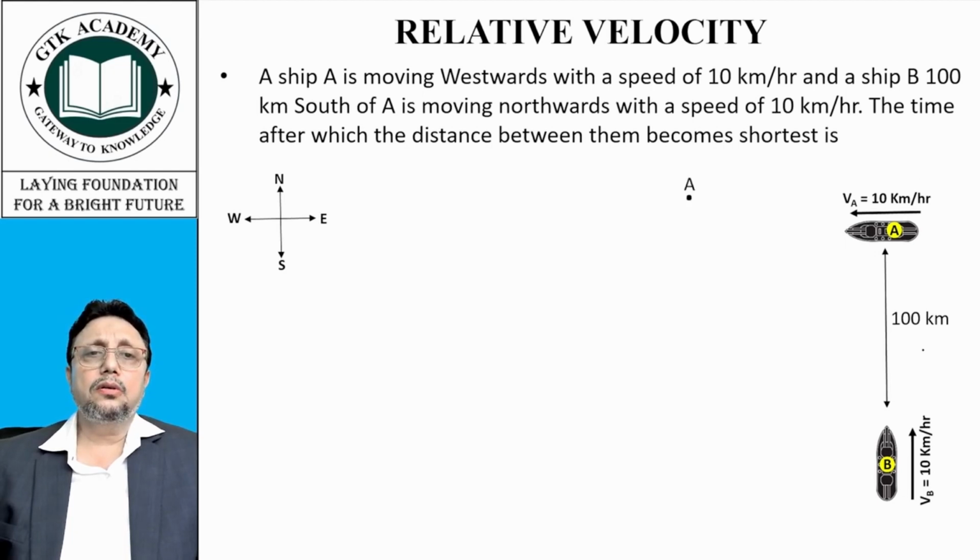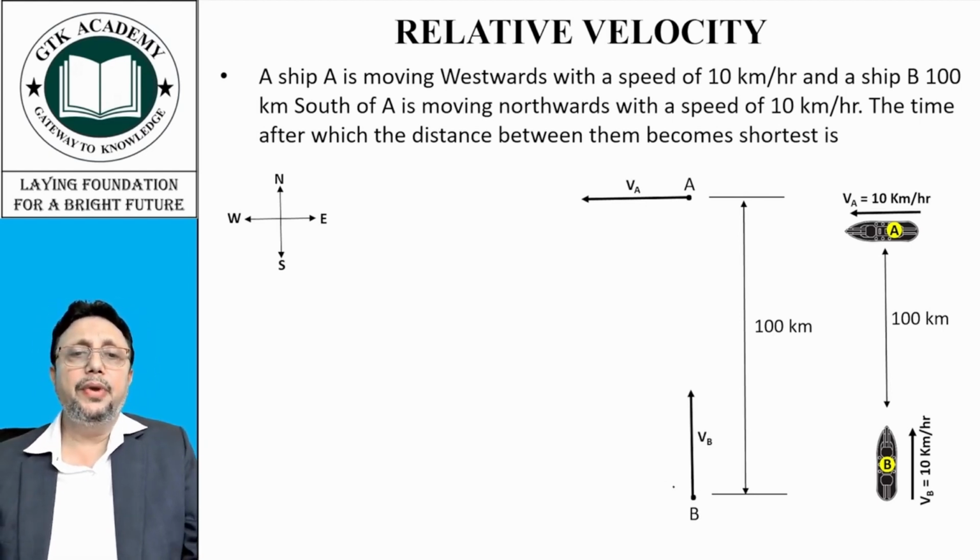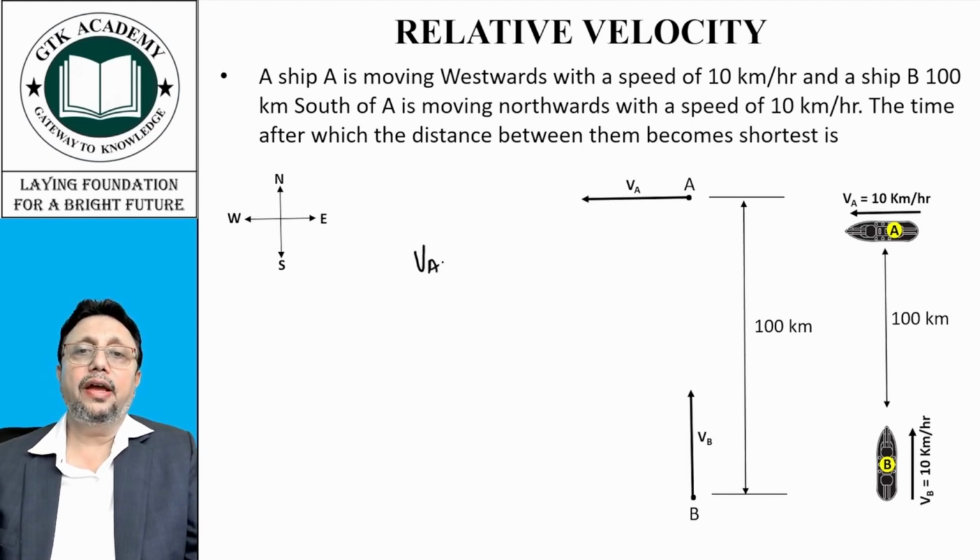So we'll make it a bigger figure so that it doesn't become cluttered. This is A, and the distance between them is 100. VA, VB. Now what if you make B the observer? So A will move with the velocity of A relative to B, which will be velocity of A minus velocity of B, right?